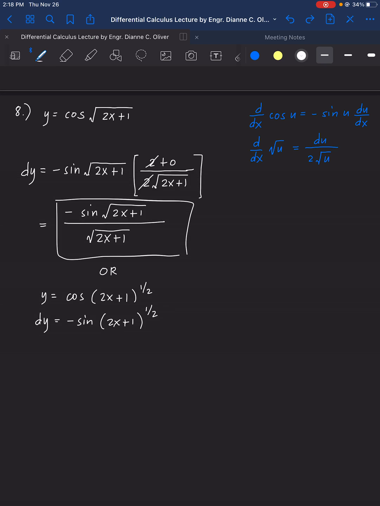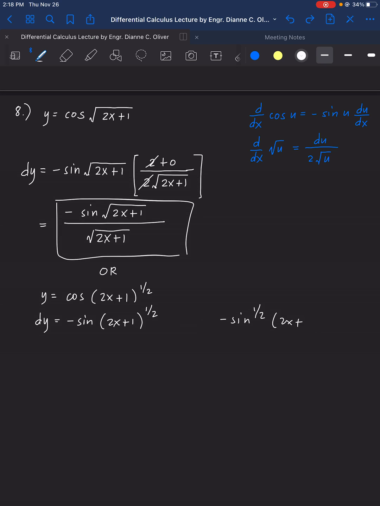Yes. Do not leave this portion here because this is included as the u. This is not similar with negative sine 1/2 2x plus 1. No, this is not the same.